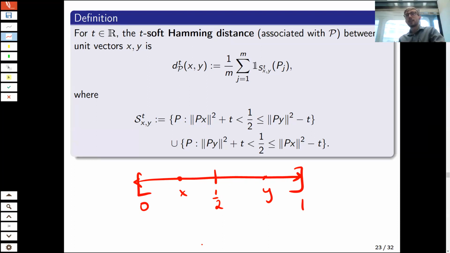And so the soft Hamming distance idea is, well, just add a buffer. Instead of just determining whether you're getting different threshold values, determine if you're on different sides and far enough away from a half. And if you have that, then it gives you an extra parameter that you can tweak in place of continuity of the Q hat.